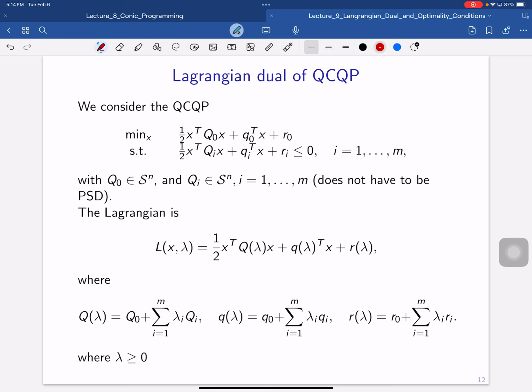We will multiply each of these constraints by lambda_i and aggregate all the constraints in the objective, right? This is just the standard way of taking the Lagrangian dual. And then the Lagrangian will look like this. It is a quadratic problem, right? So here, the matrix Q(lambda) will be the original Q_0, which is in the objective function, plus the summation of lambda_i Q_i, right?